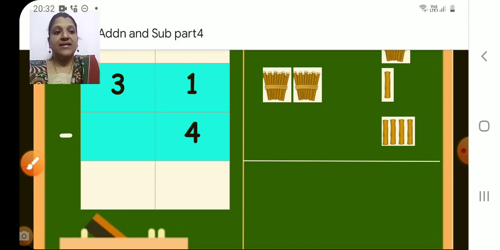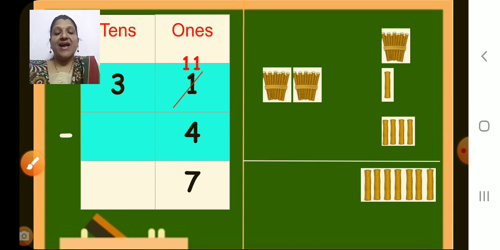Correct. So, we have shown 7 sticks below it. In our example also, we have struck off 1 and written the number 11 by borrowing 1 ten from the tens place, and we have put that 11 above the number 1. Now 11 minus 4 is 7.